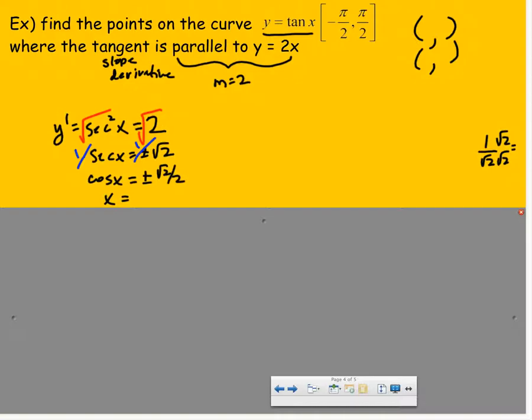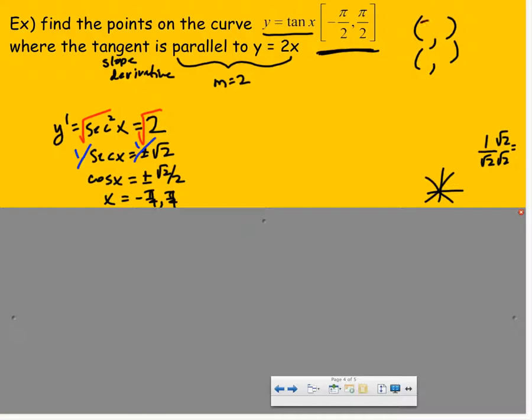And now I am a happy camper. Why am I a happy camper? Because I know this. This is from my unit circle. Where is cosine equal to the square root of 2 over 2? There's 2 spots. It's either equal to it in all of the pi fourths locations. But because of this right here, we only want the answers between negative pi halves and pi halves. So that means the places where cosine is plus or minus square root of 2 over 2 are negative pi fourths and pi fourths.